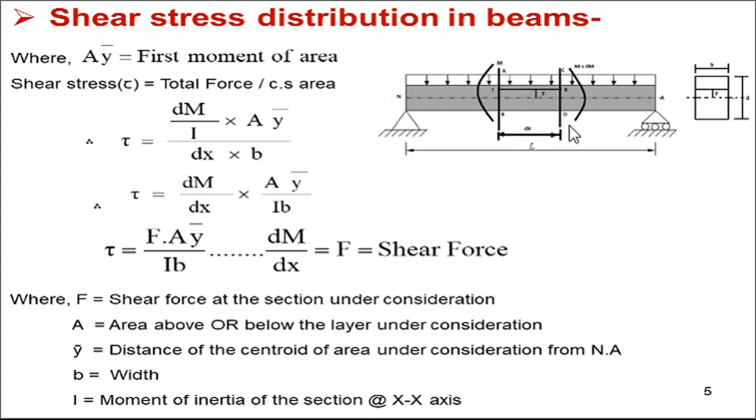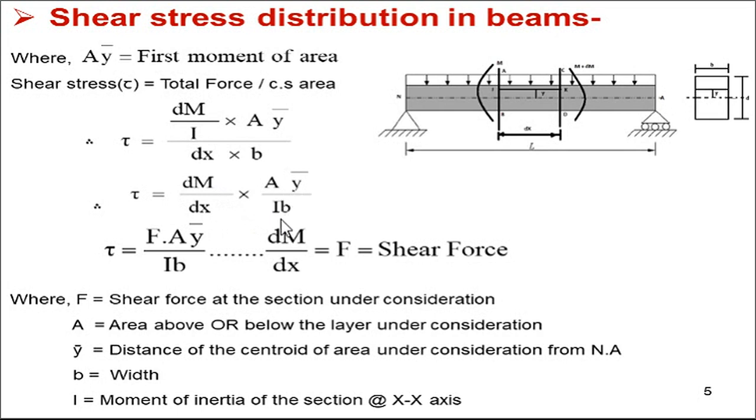The distance across this section is dx and the width of the beam is small b. How do we determine the area? Length into breadth. For the strip, the length is dx and the width is b. So we can put this into the formula, solve it, and we get dM divided by dx into A y bar divided by Ib.